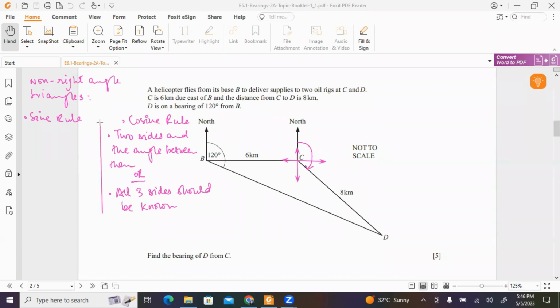Whereas when we talk about the sine rule, you need one angle and side pair to find the unknowns.